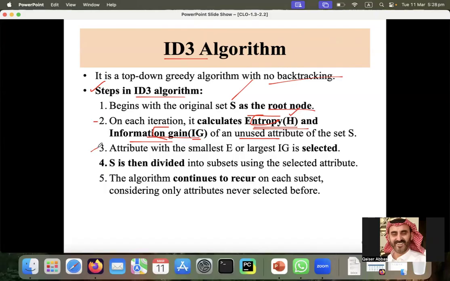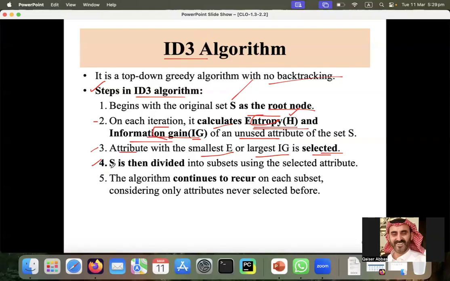Step number 3, the attribute. When you calculate these values, the attribute or feature with the smallest entropy and the largest IG, the maximum value of the IG, would be the best attribute. You have to select that. Now the next step is splitting.